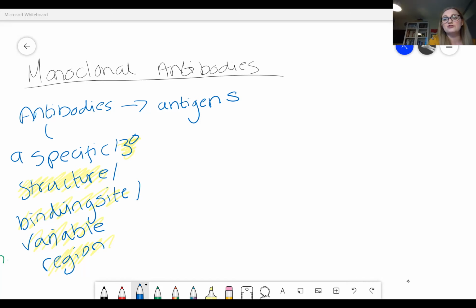So that information I just told you about monoclonal antibodies, them having that specific shape, will get you your first mark. So you're just basically going to explain about monoclonal antibodies having that specific tertiary structure. So I'm going to pop here monoclonal antibodies have, my screen has gone.